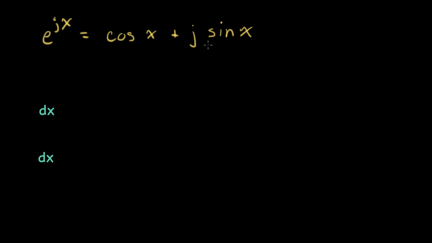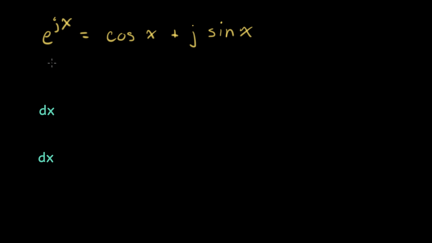And now we're going to look at this equation a little bit more. So this is the expression that relates exponentials that we love to sines and cosines that we love. And part of the price of doing that is we introduce complex numbers into our world. This is where complex numbers come into electrical engineering.